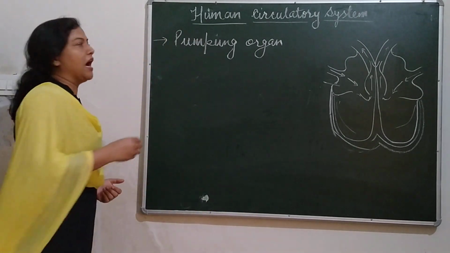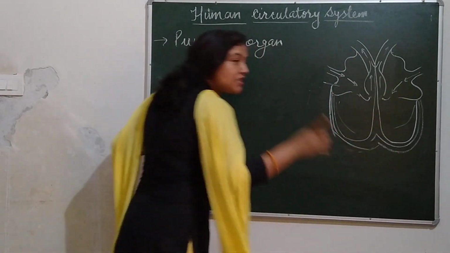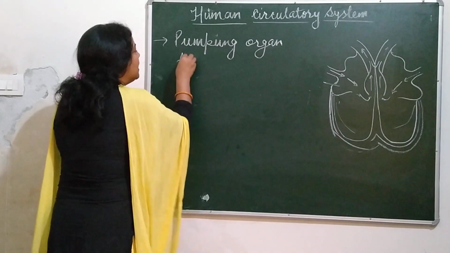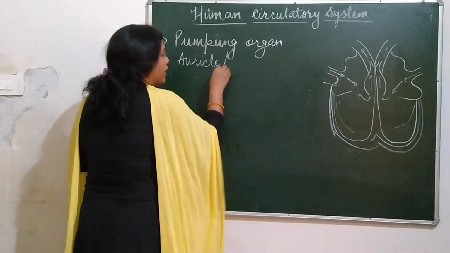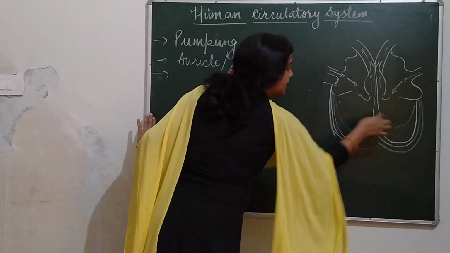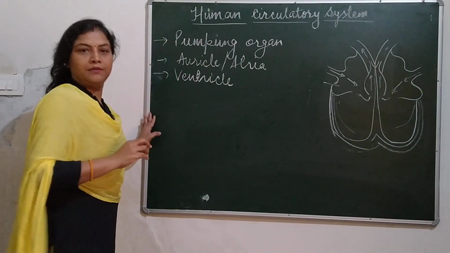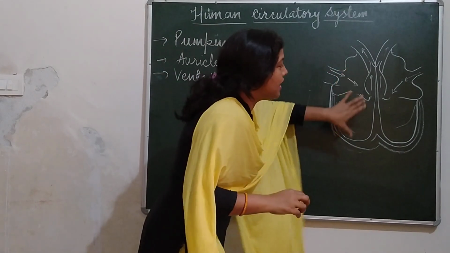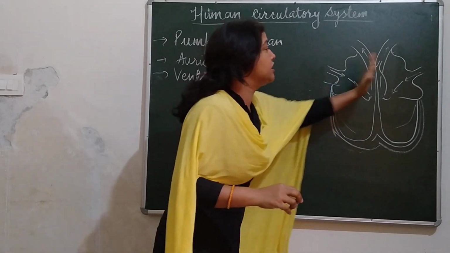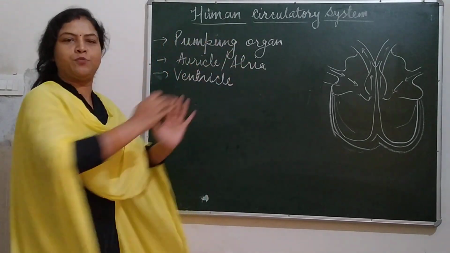Let us know the structure of the heart. Heart is four-chambered. Actually, the upper part is known as auricle or atria, and the lower part is known as ventricle. The auricle and ventricle are divided by a septum, which divides the heart into left and right parts.